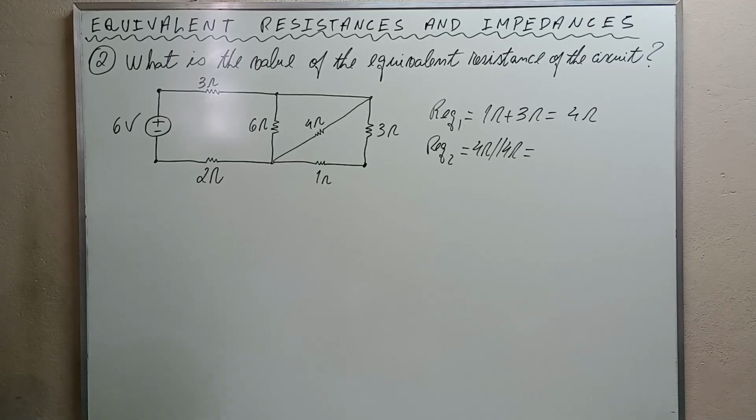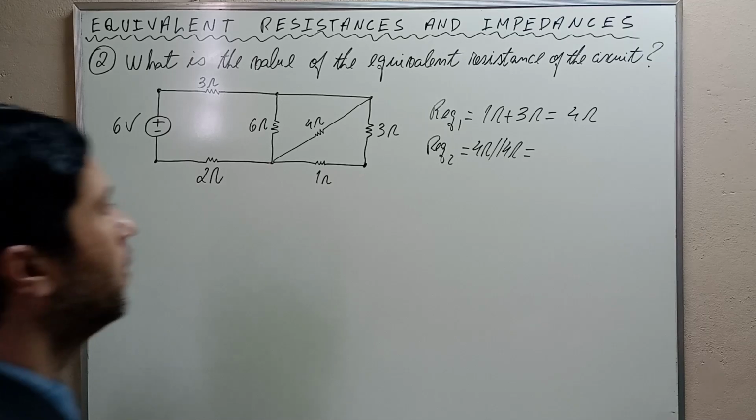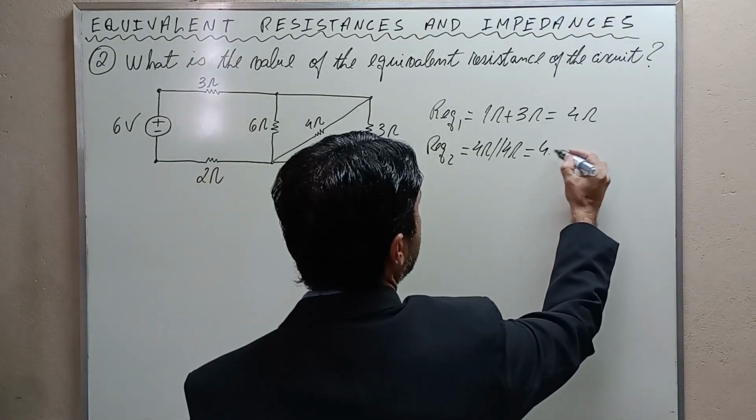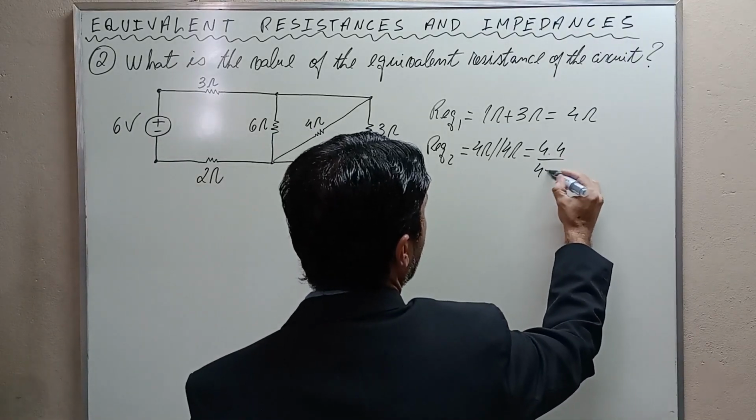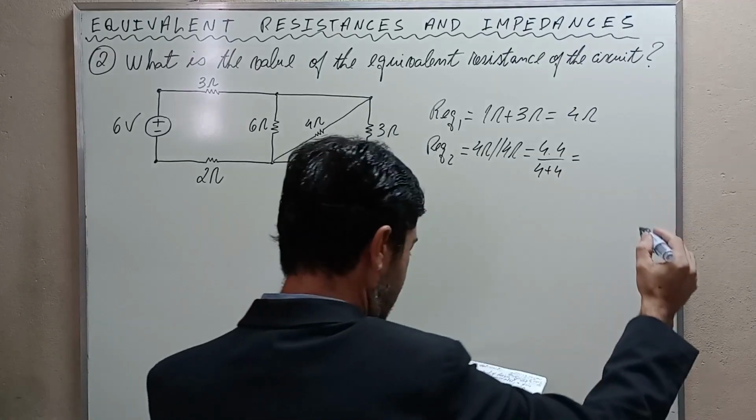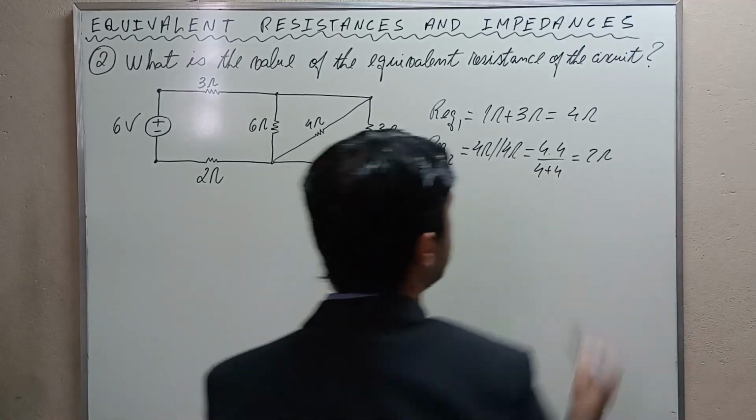And how can we calculate the parallel combination of two resistors? It's the rule of thumb that we use, which is the product over the sum. Thus, it is 4 times 4 divided by 4 plus 4, and this is equal to 2 ohms, okay?